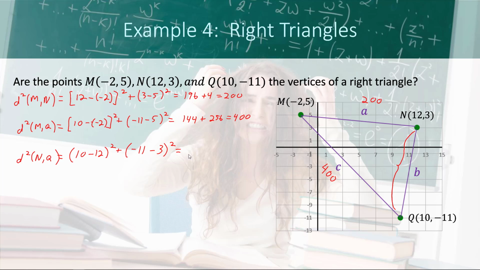Well, 10 minus 12 is negative 2, squared is 4. And negative 11 minus 3, well, that's negative 14, and the square of that is 196. And that equals 200.